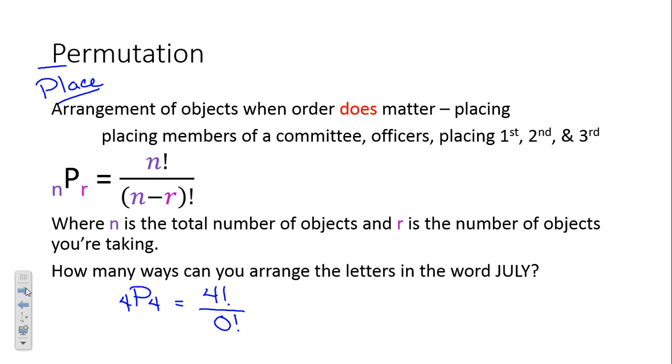So 4 factorial is 4 times 3 times 2 times 1. What's 4 times 3? 12, times 2. So our answer is, there are 24 ways we can rearrange those 4 letters 4 at a time.